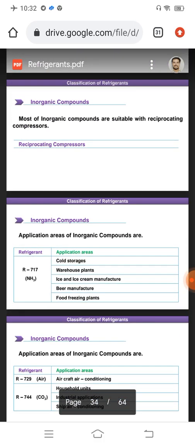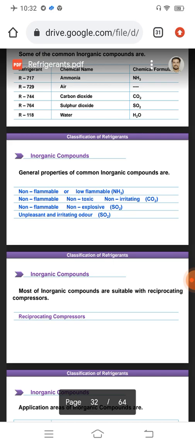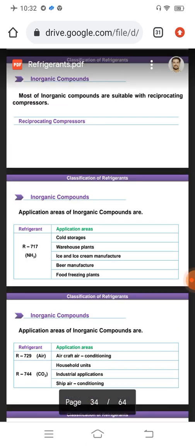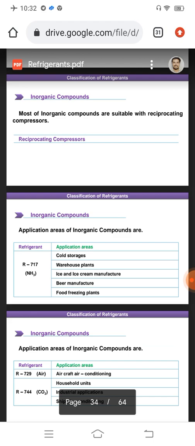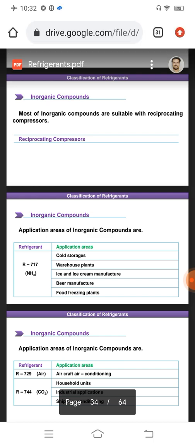Generally we use reciprocating compressors for the inorganic compounds. So this is the classification of refrigerants. Refrigerants are classified into two major types, primary and secondary. Primary refrigerants are those that pass through the processes of compression, cooling, condensation, expansion, and evaporation, or warming up during the cyclic process.